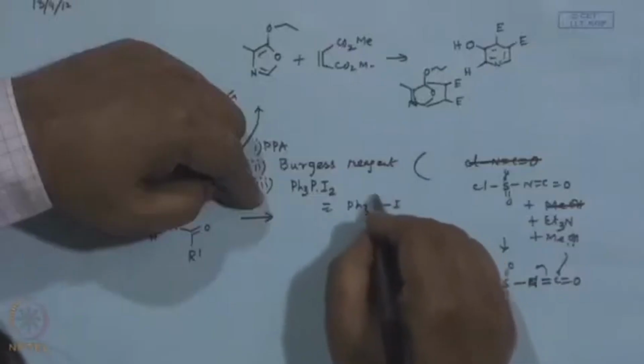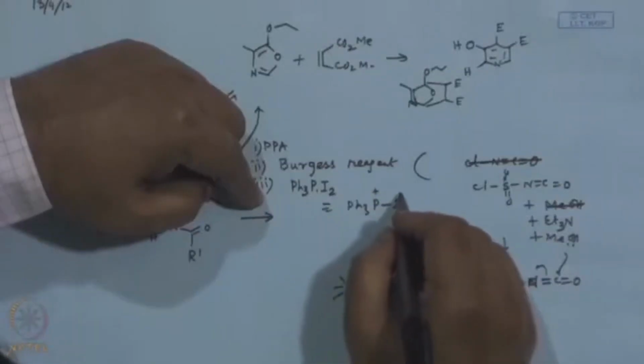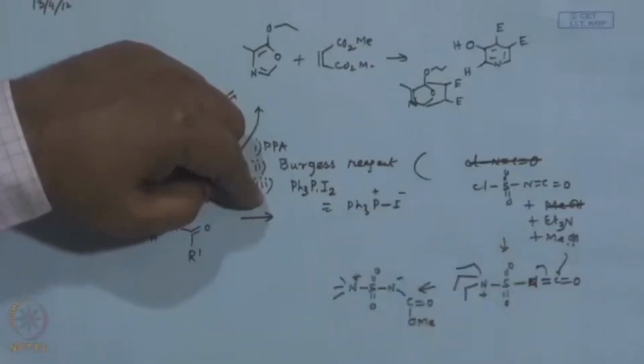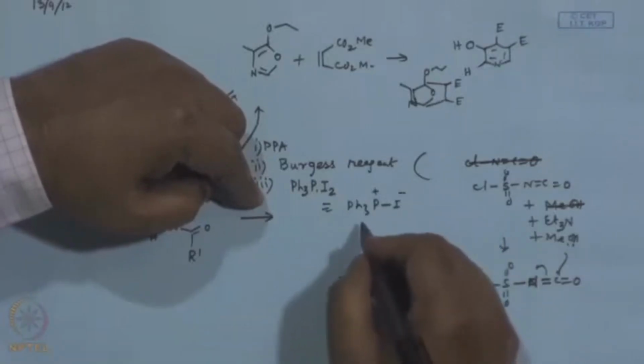If you have a diol, a 1,3-diol, let us say, you can just do this cycloetherification. So, cyclization can take place by cyclodehydration. It is similar to triphenylphosphine iodine. Triphenylphosphine iodine means you have this phosphonium plus and iodine minus, right. So, carbon tetrachloride and triphenylphosphine is exactly the same, equivalent to this.